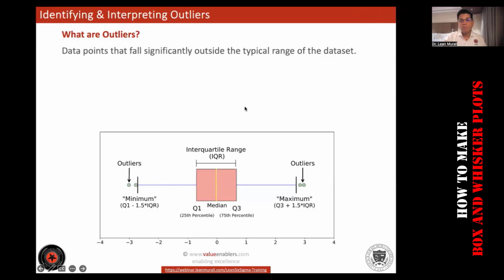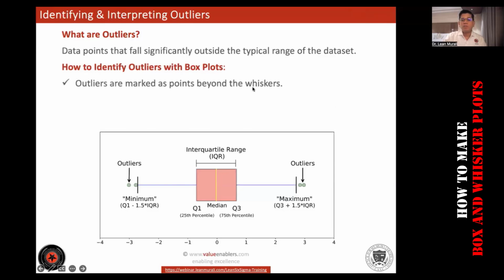And what is that range? Outliers are any value less than Q1 minus 1.5 times IQR or greater than Q3 plus 1.5 times IQR. That is called a whisker.